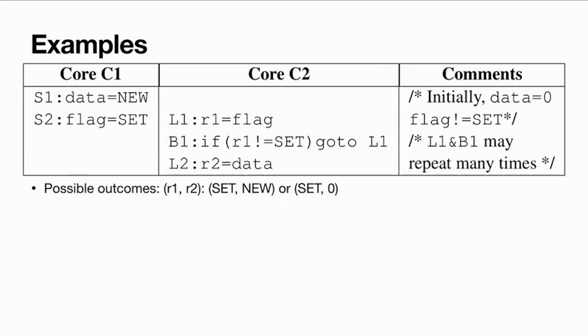But is it possible to get set and 0? Initially, we are considering data equal to 0. Is there a possibility of getting set and 0? That means R1 gets set and R2 gets 0. Is it possible under any condition?